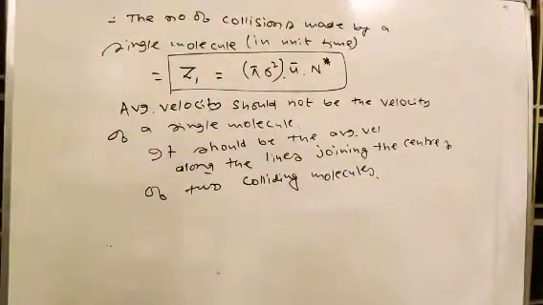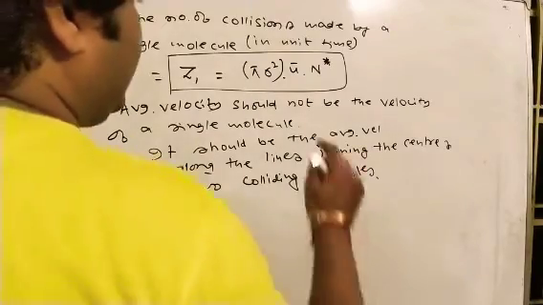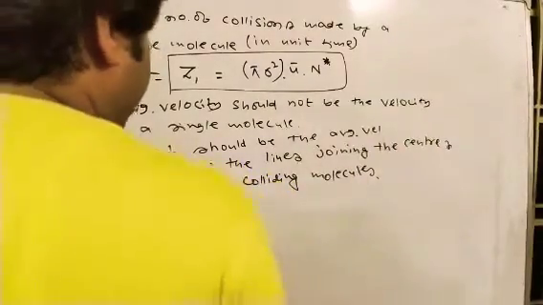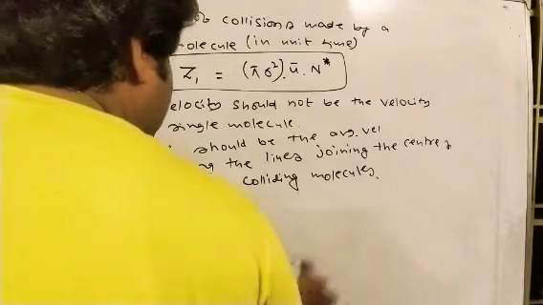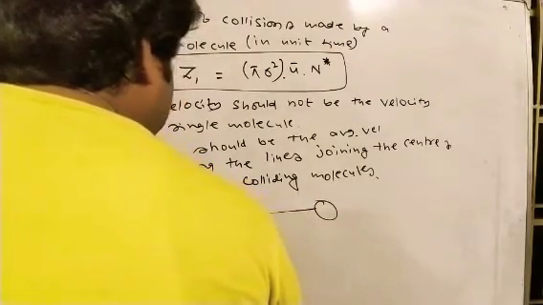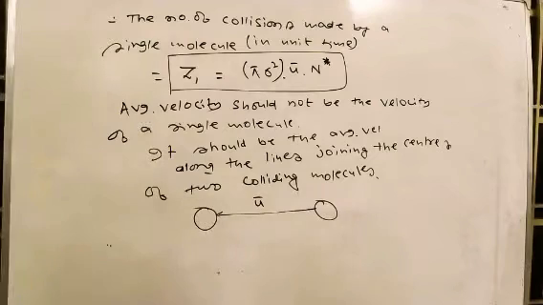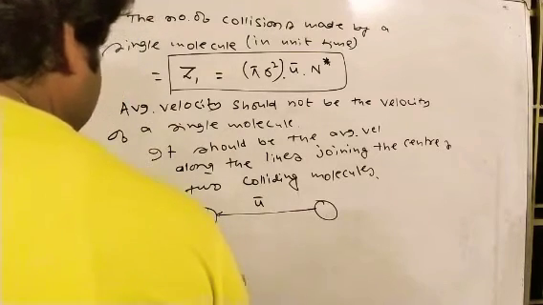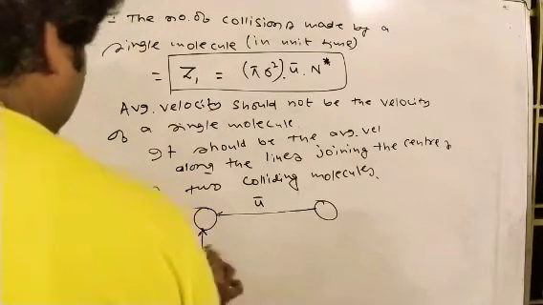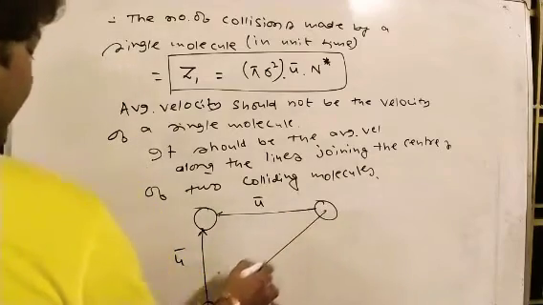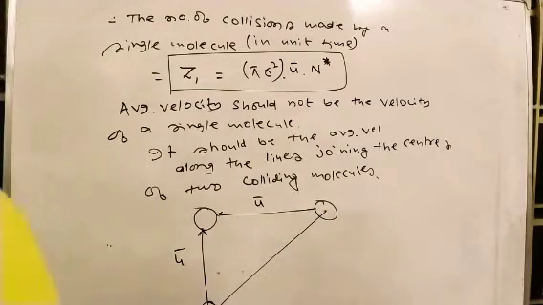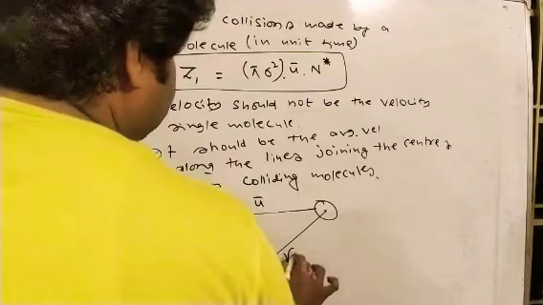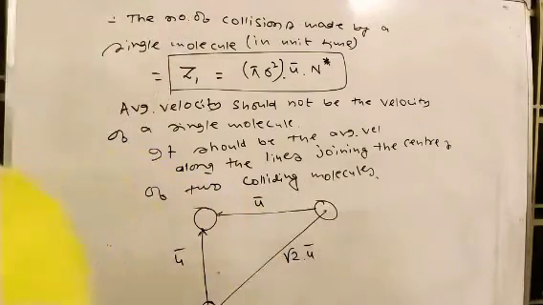Are you getting my point? Because that is only the correct assumption of the average velocity, because everyone is moving. So suppose this one is moving, approaching toward this with a velocity of u bar, and there is a molecule which is also approaching here with the velocity of u bar, so we should actually take the velocity along this, and obviously this is equal to √2 into u bar.